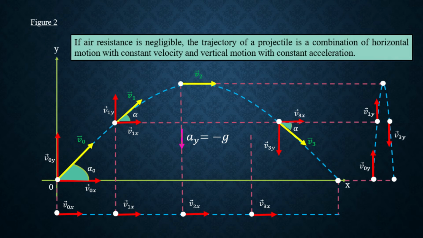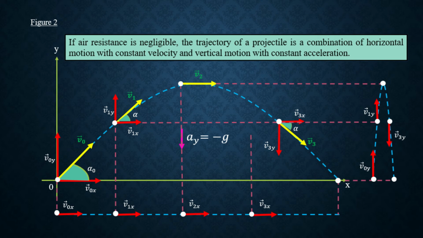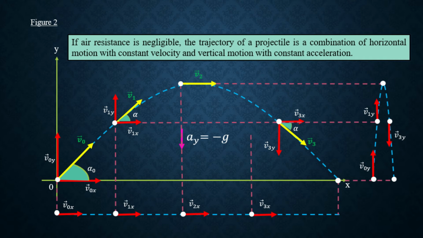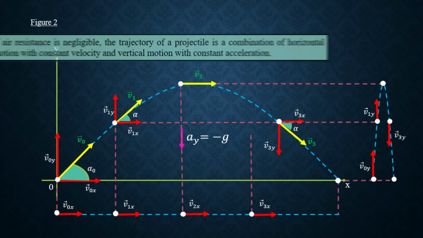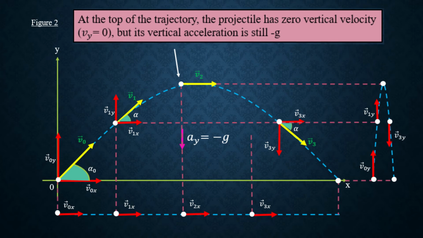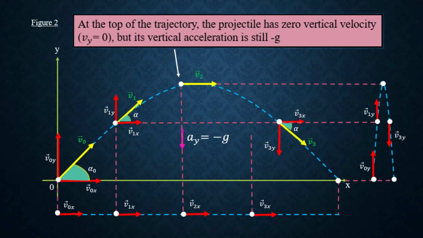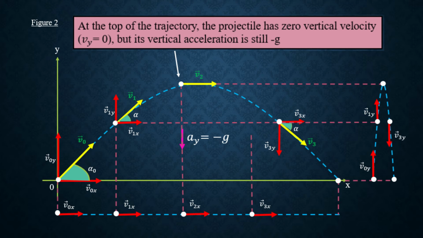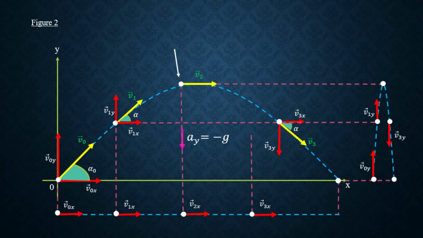In this case, if air resistance is negligible, the trajectory of a projectile is a combination of horizontal motion with constant velocity and vertical motion with constant acceleration. At the top of the trajectory, the projectile has 0 vertical velocity, vy equals 0, but its vertical acceleration is still -g.